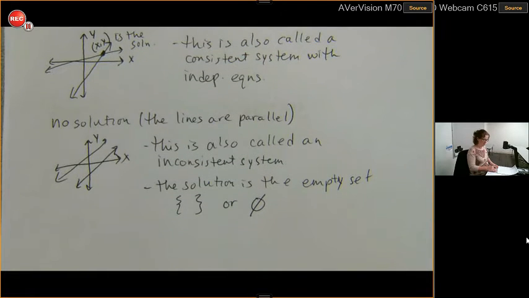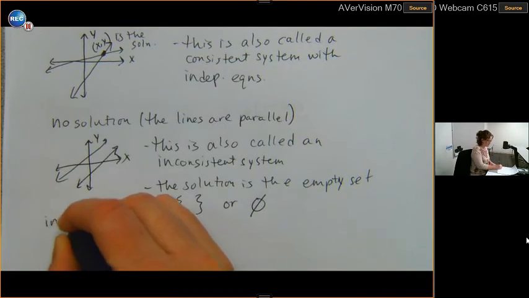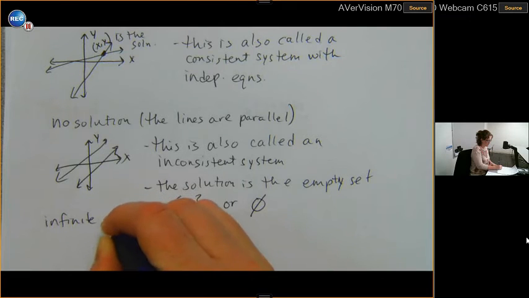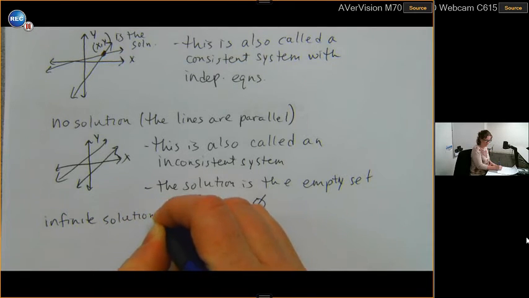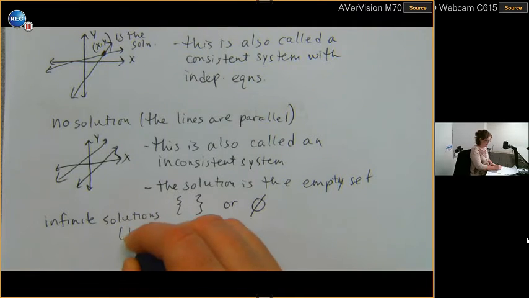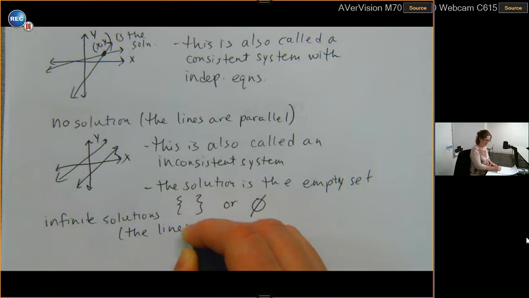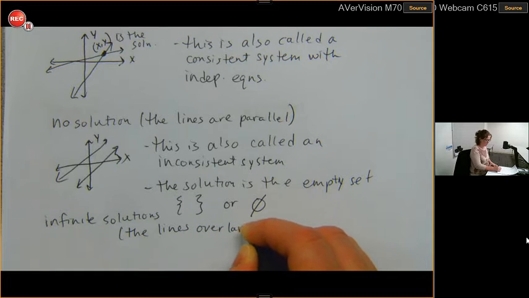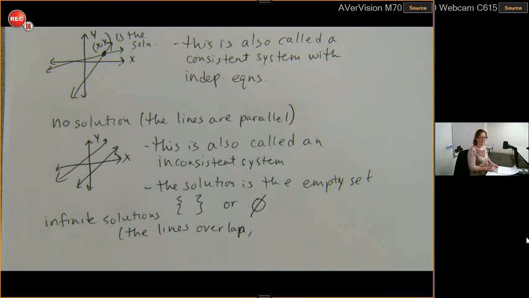Our final possible outcome is infinite solutions. Infinite solutions means the two lines overlap. Another name for the two lines when they overlap is called coincident, because the lines coincide.